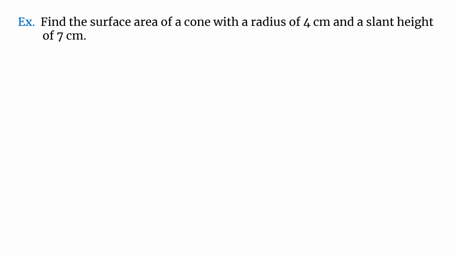So, if for example, ako, kunwari, gagamitin ko yung ating huling ginamit na SA, okay, is equal to pi r, then times the quantity r plus s. Okay? So, sabi nga natin, kung gusto mong gamitin, etong isa na pi r squared, di ba? Plus pi r s ay tama rin. So, kahit alin, pwedeng gamitin.